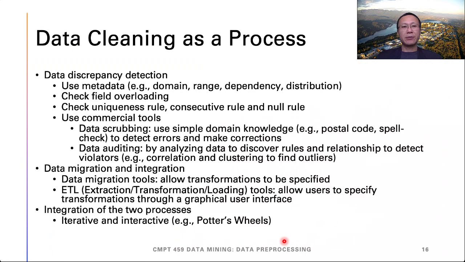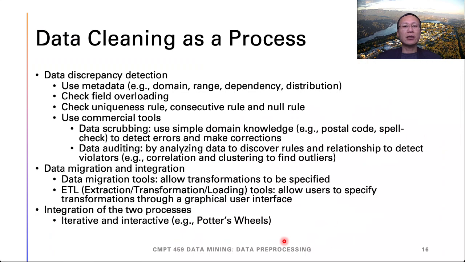So data cleaning itself is a whole process. We need to do data discrepancy detection. We can use the metadata to help, for example the domain knowledge, the range, the dependency, and the distribution. And we can check field overloading.